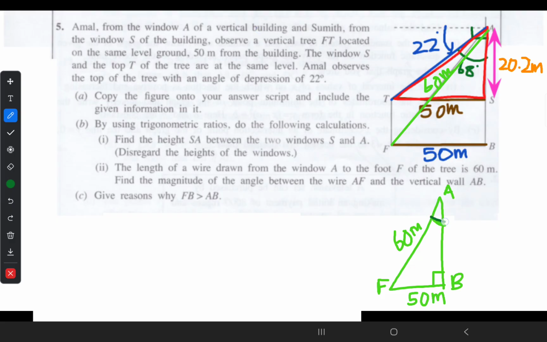I will consider this angle as y. For this angle, this side is the opposite side and this side is the hypotenuse. The trigonometric ratio related to opposite and hypotenuse is sine. Sine y is opposite divided by hypotenuse.